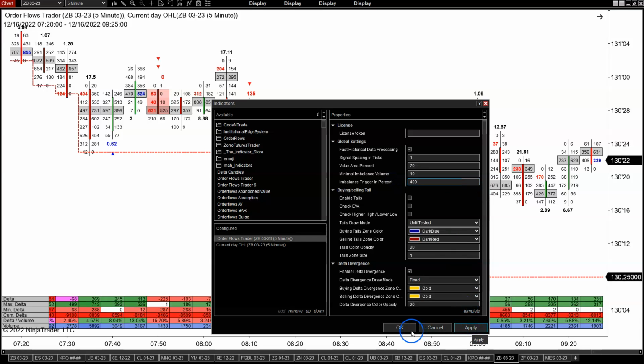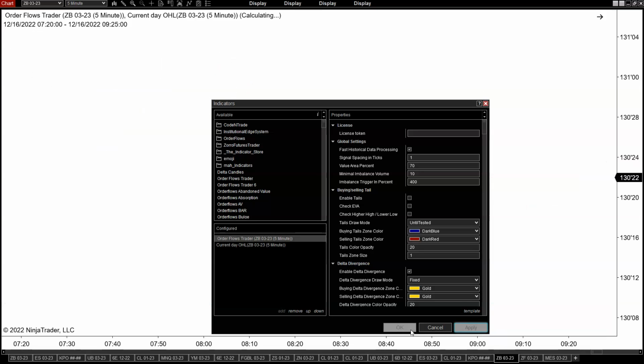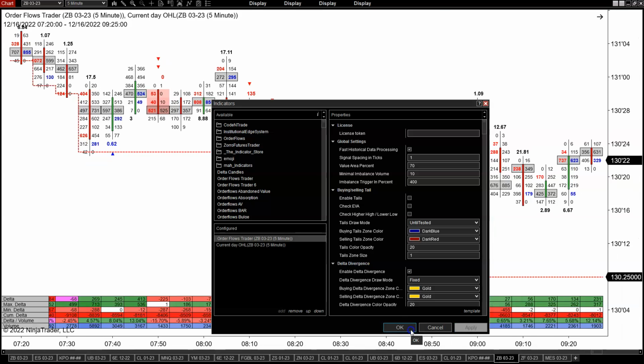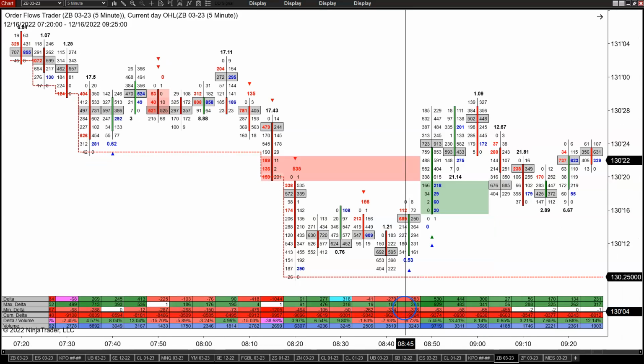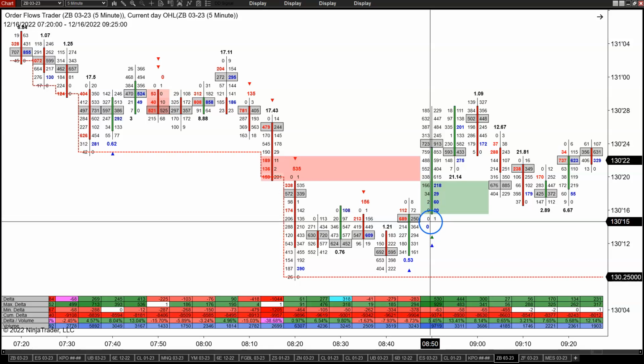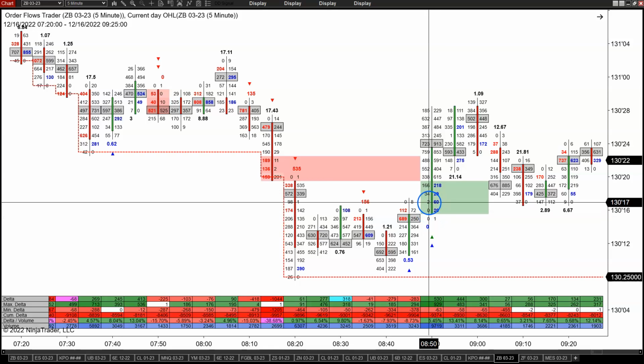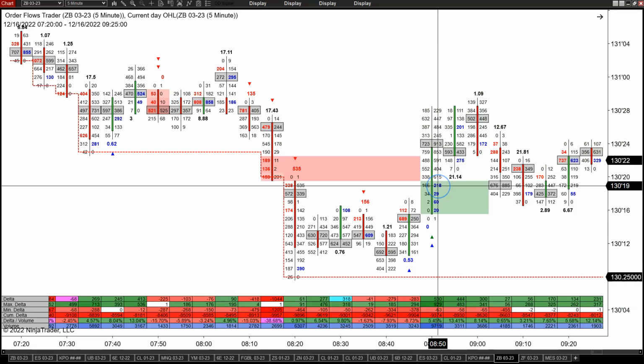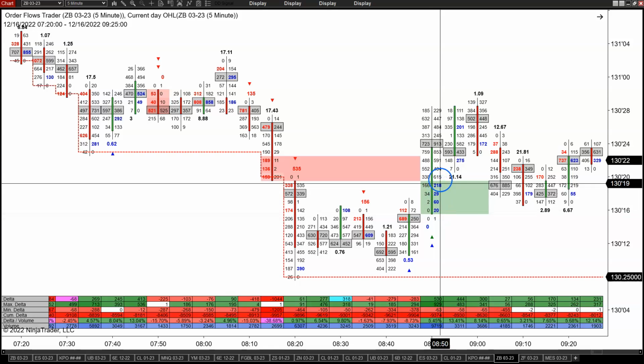Like I said, generally when you have buying imbalances, you're going to be looking for them in green candles, where the market is moving up and you're seeing the aggressive buying. Here you've got 0 against 20, 0 against 60, 2 against 29, 34 against 218. You've got 4 buying imbalances in this bar. It's a green candle.